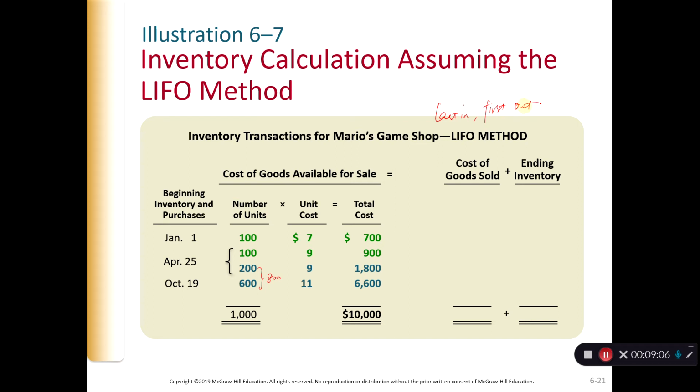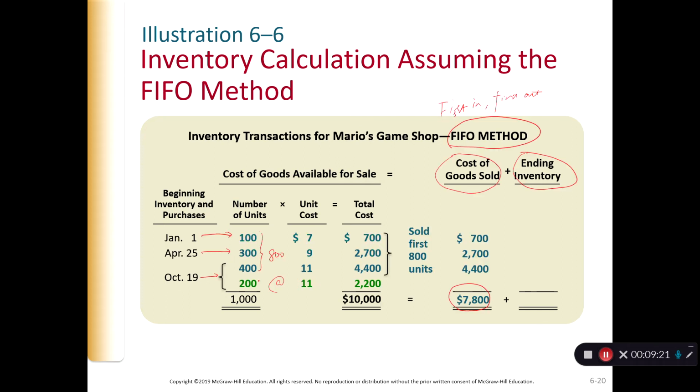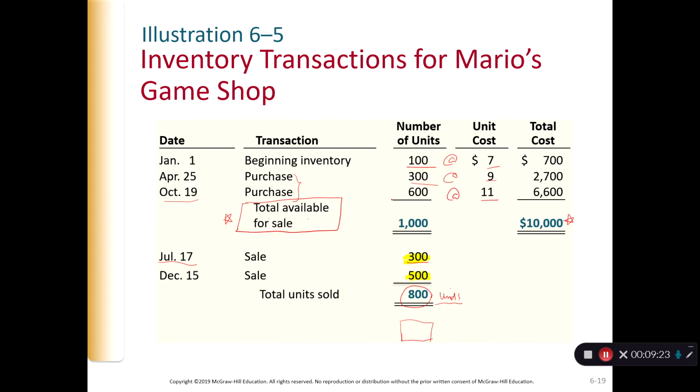The last purchase was 600 units at $11 a piece, right? Let's go see the purchase. The last purchase is actually 600 in total at $11 each.